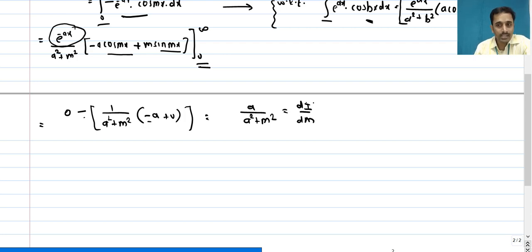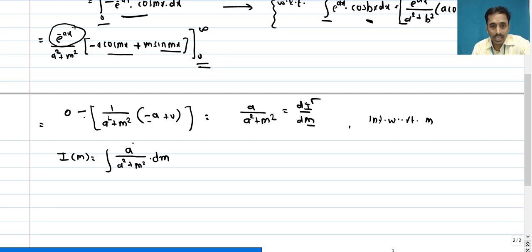Our intention is to get this I free. Therefore, integrating with respect to m, because this derivative is with respect to m, we need to integrate with respect to m. So after integration we get I of m is equal to the integral of a upon a square plus m square.